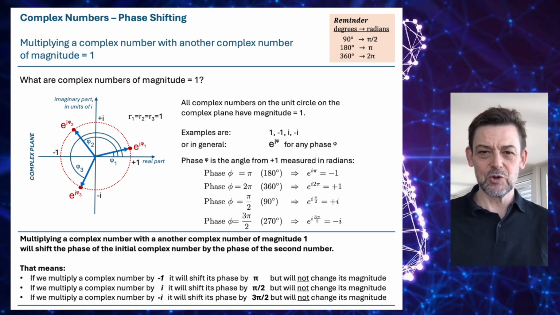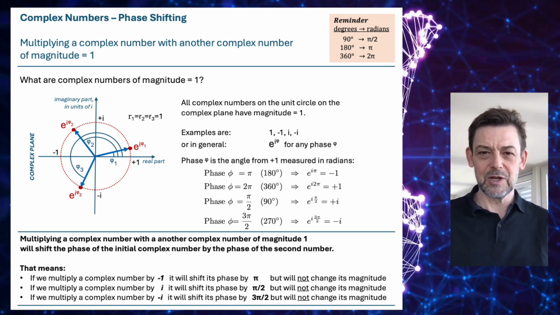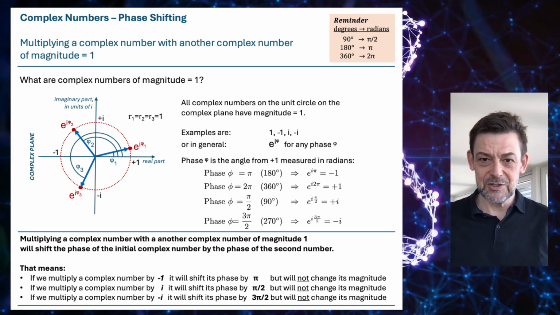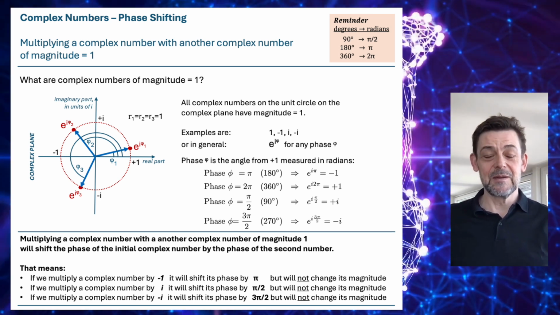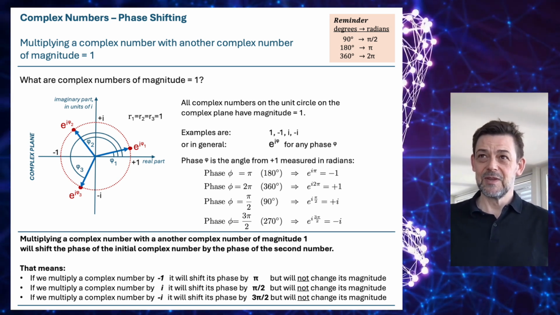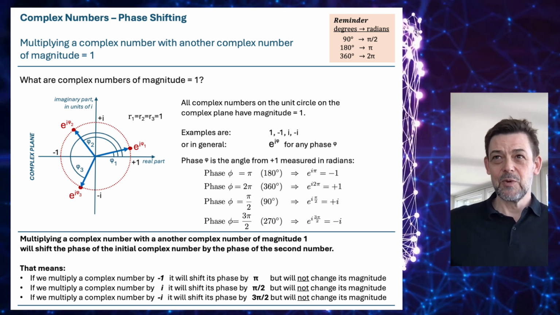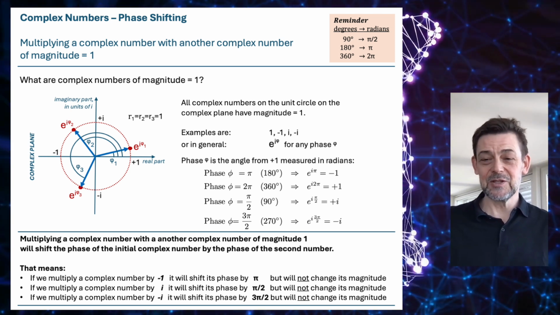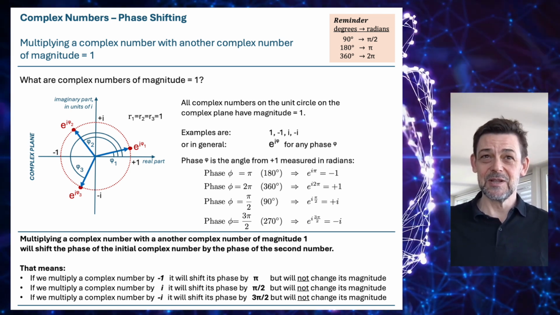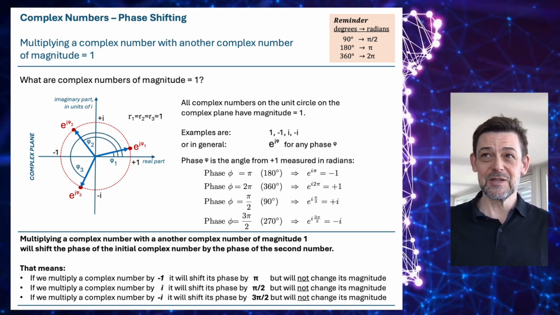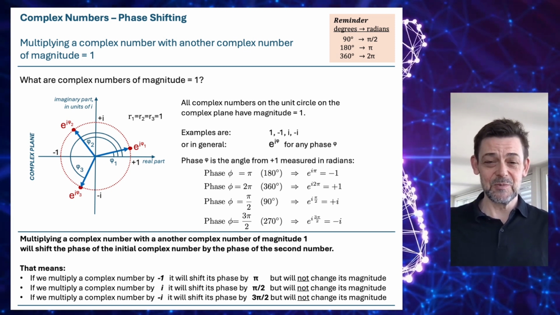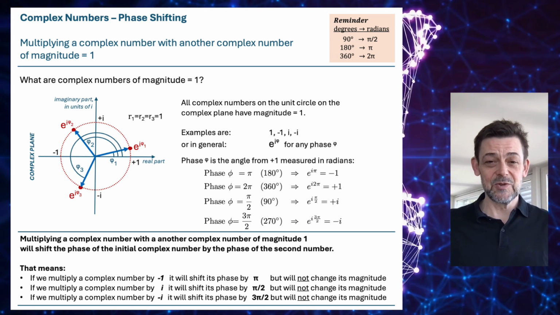Consequently, all complex numbers with a magnitude of 1 lie on a circle of radius 1 around the origin. On this circle, you will find the real numbers 1 and -1, along with the imaginary numbers i and -i. Additionally, there are numerous other complex numbers not directly on either of the two axes.